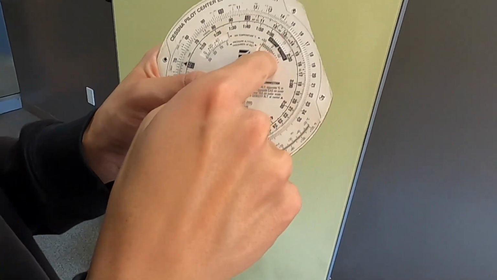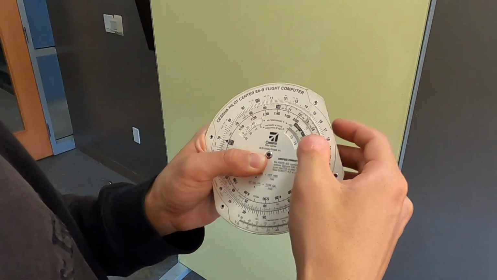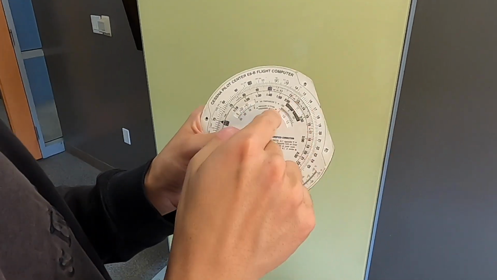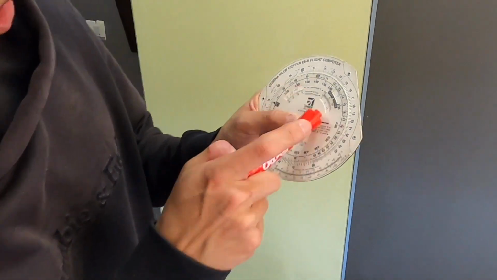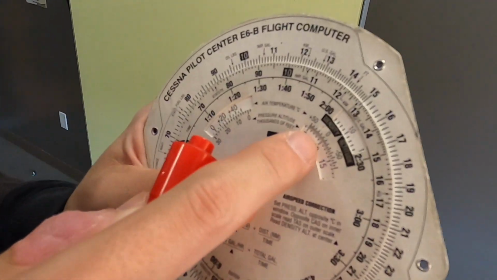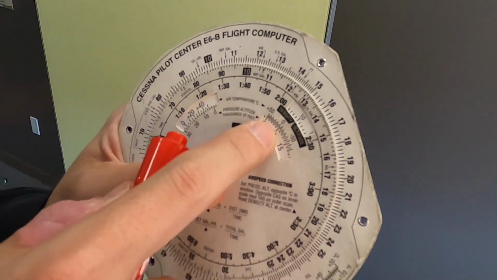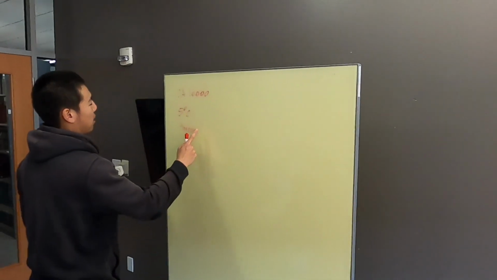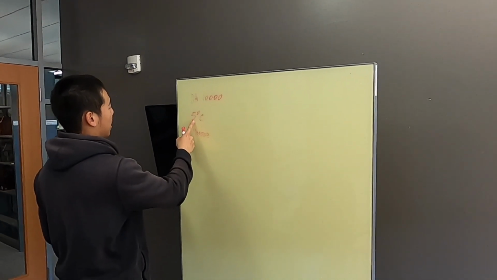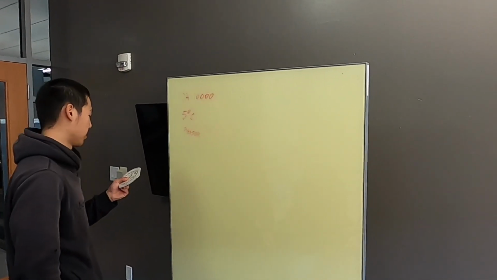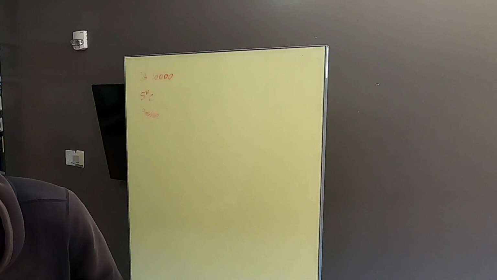I'm going to look at the temperature where it says 5 degrees Celsius, which is right here, and go down. And if you look here, you'll see that it's around 9,000 feet pressure altitude. So the answer to this question is we're going to have a pressure altitude of 9,000 feet along with a 5 degrees Celsius temperature. That will give us a density altitude of 10,000. All right, so that's enough of pressure altitude. Let's go over and do some calculations of time.